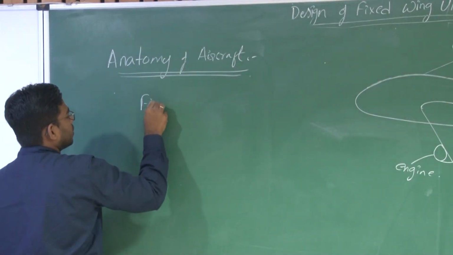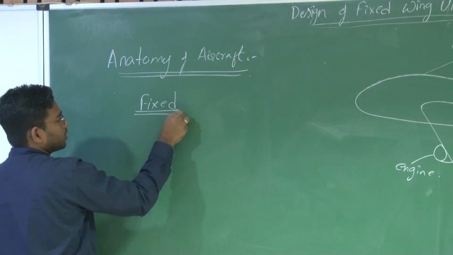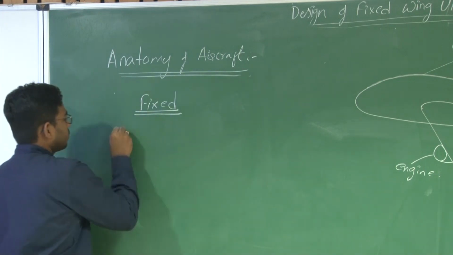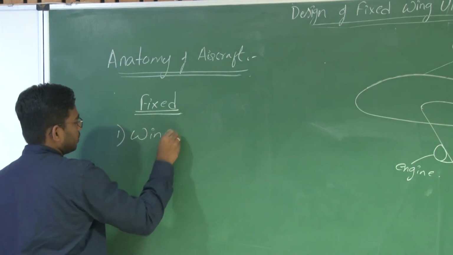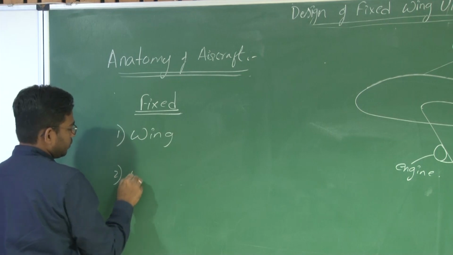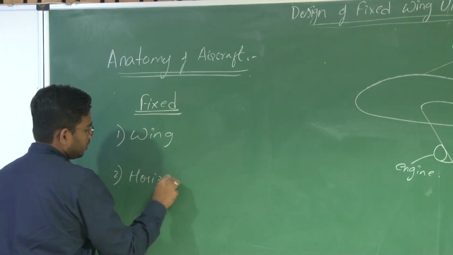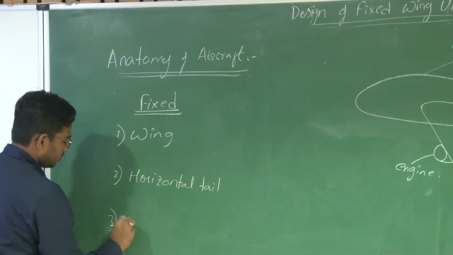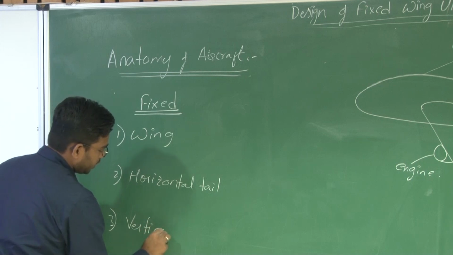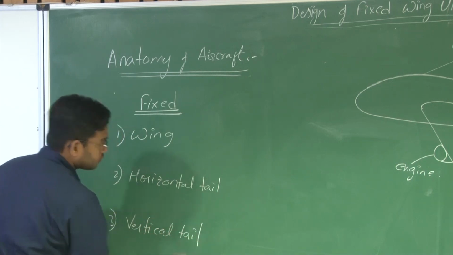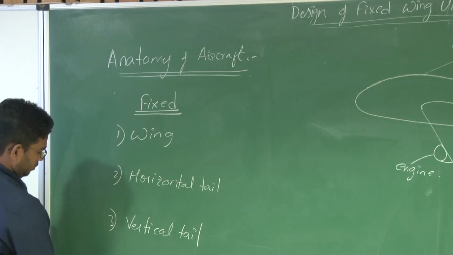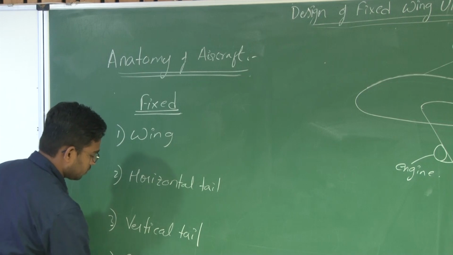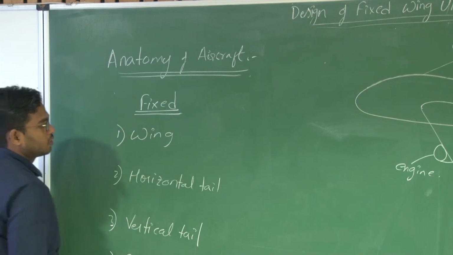Now, for a conventional aircraft, what are the fixed components and what are the moving components? Fixed are the wing, the horizontal tail, the vertical tail, and the fuselage.